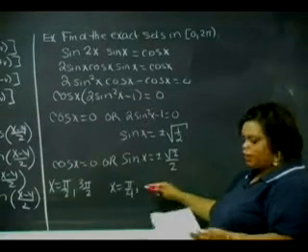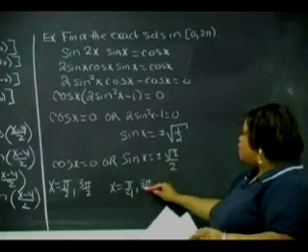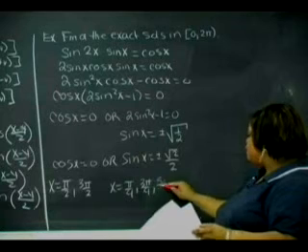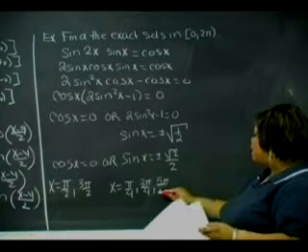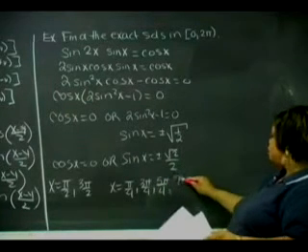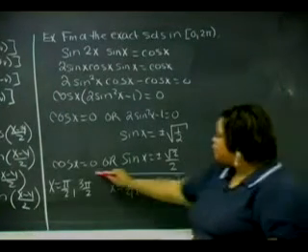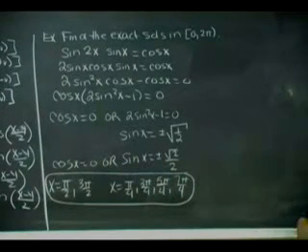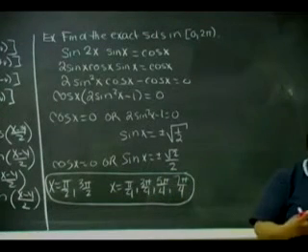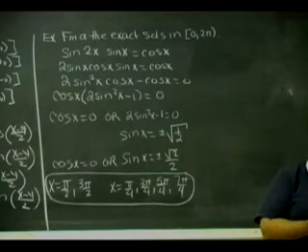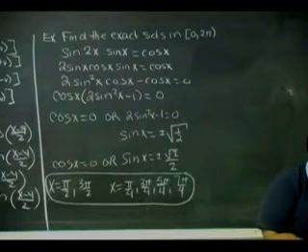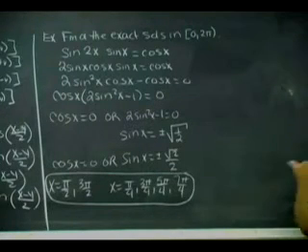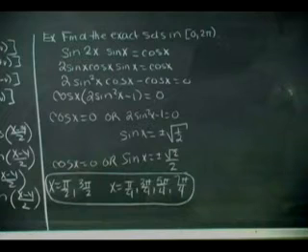Pi over 4, 3 pi over 4, 5 pi over 4 and what? 7 pi over 4. Okay? So what did we do? We used the double angle formula to break this thing down so that we could solve. And we already knew how to do this. We solved equations before, but we had to break down that double angle.